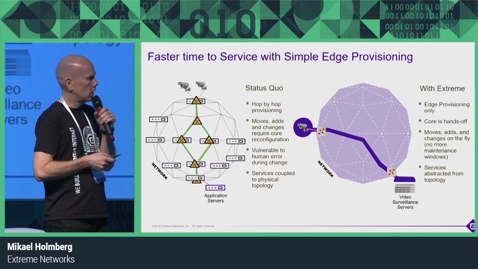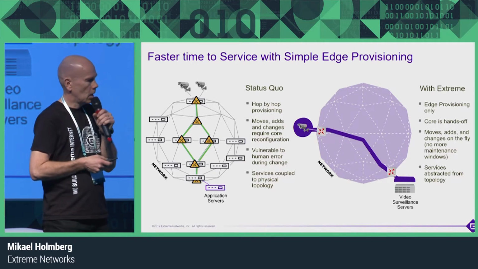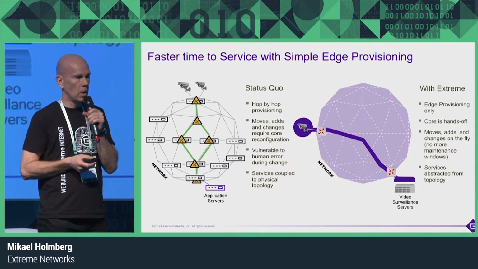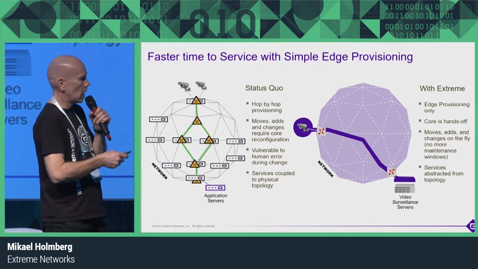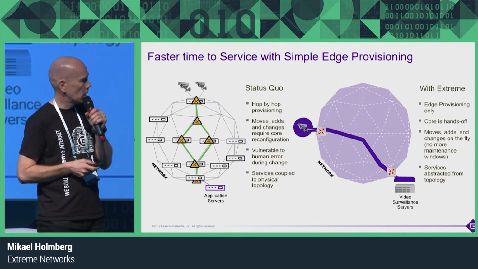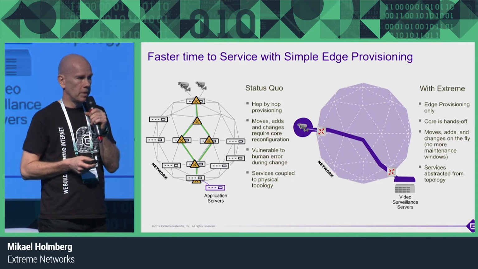But on the right-hand side, you have something we call hypersegmentation or stealth networking. And what this means in a nutshell is that from a service point of view, even if I have multiple hops in between, as you can see in the example here, with a video surveillance server and your camera on the left-hand side, the path, if I do a traceroute, if I look at the path for the traffic or for the service, is a single hop.